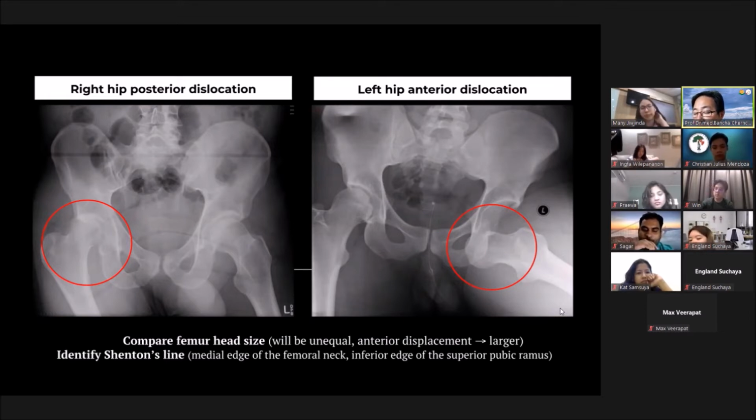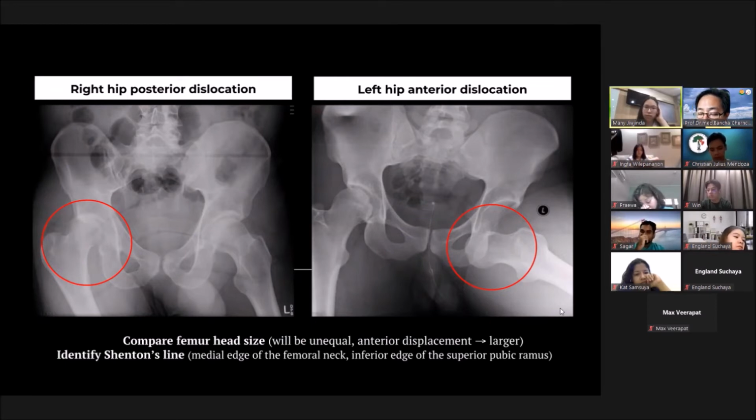You always see the lesser trochanter because the hip is always externally rotated, right? When you have a neck fracture or trochanteric fracture, you cannot see the fracture line very well, because when the hip externally rotates, you cannot see the neck.